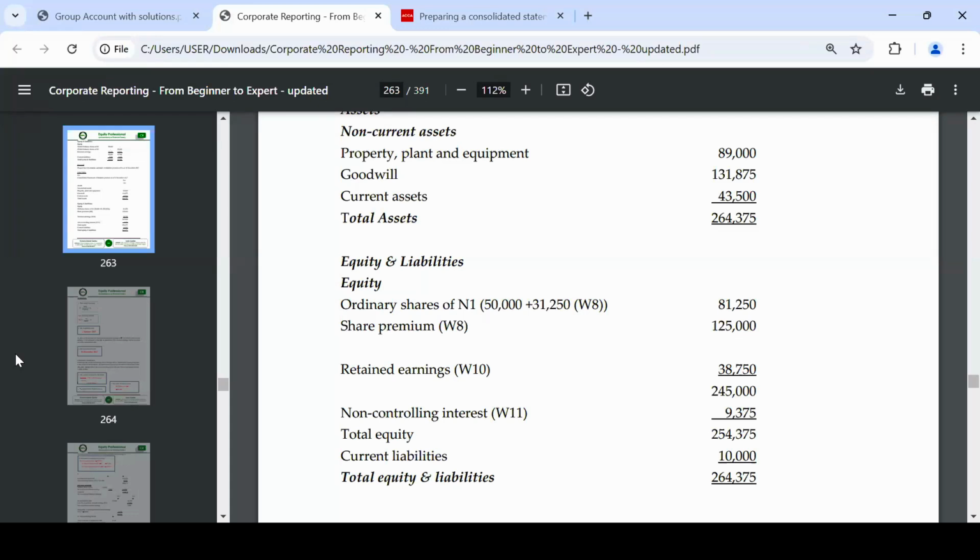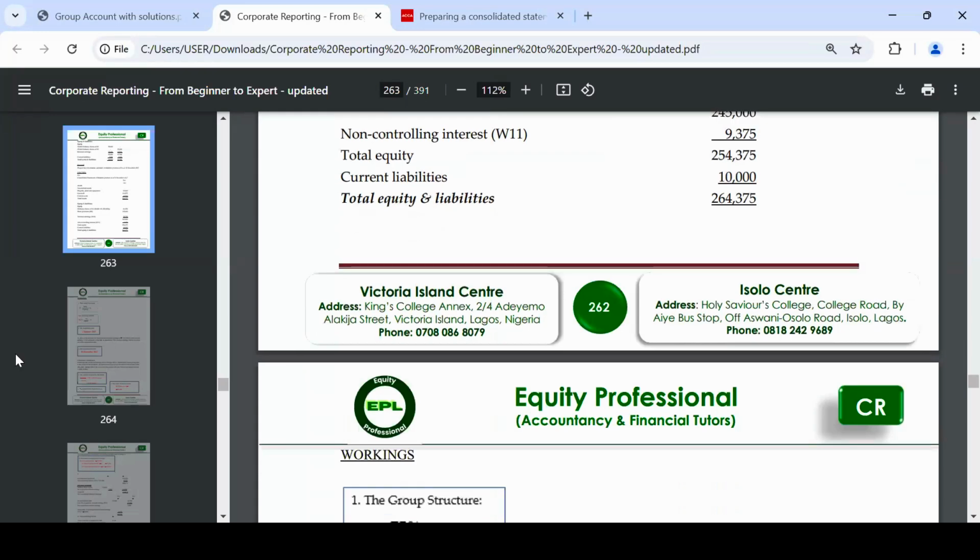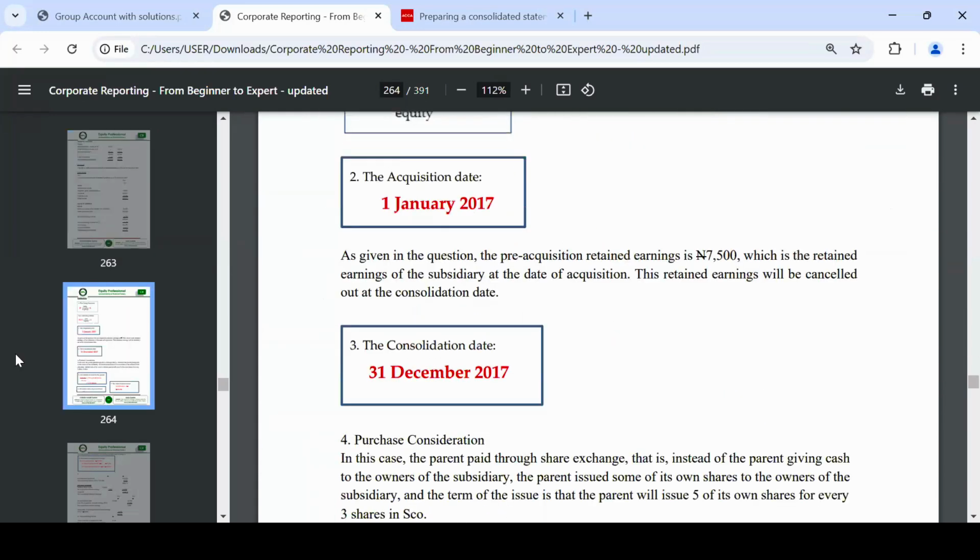So what you just need to pay attention to in most questions is the book value and the market value, because that is what is consistent with reality. The market price will usually be higher than the book value. So you have what is called share premium.